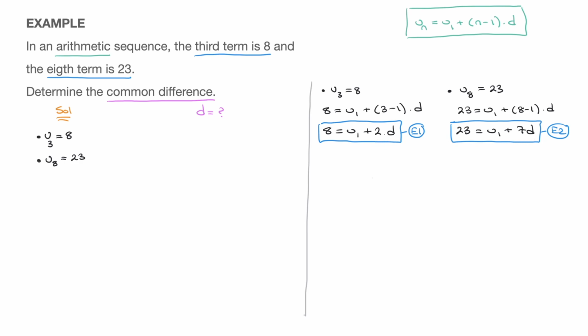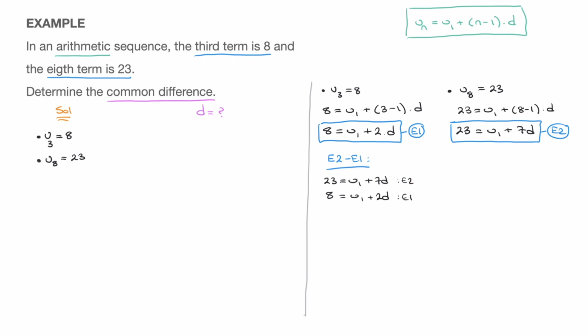Here's what I mean. If I go ahead and do equation 2 minus equation 1, and in fact I'll copy those equations again, if I start from E2, which is 23 equals u1 plus 7d, and I take away from that the first equation E1, which was 8 equals u1 plus 2d, so that's E2, and this is E1.